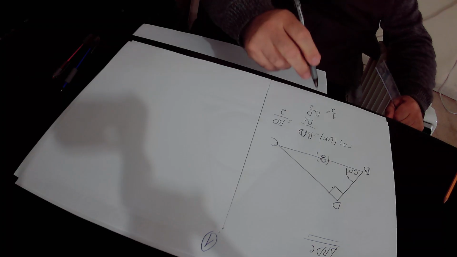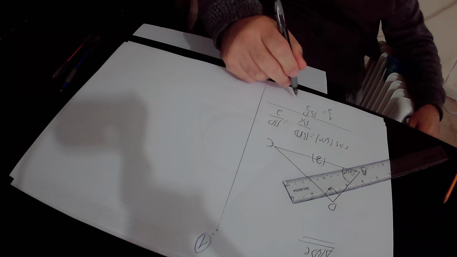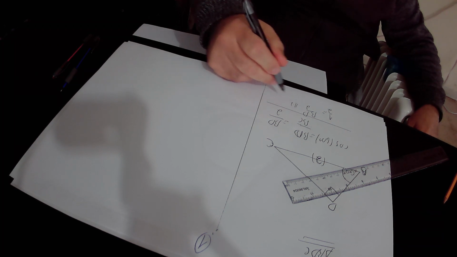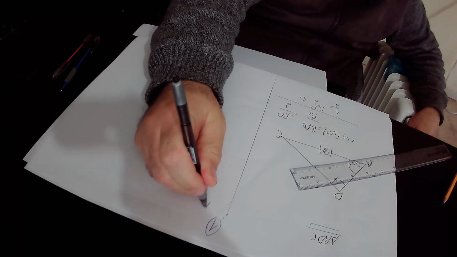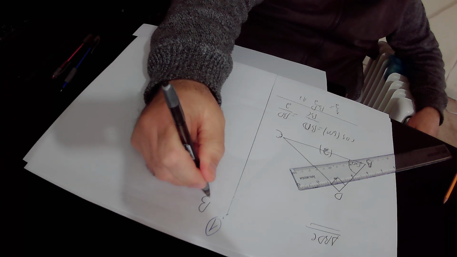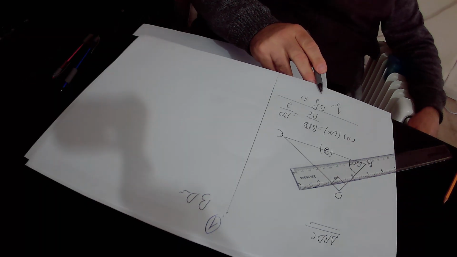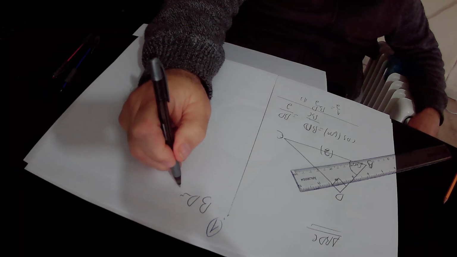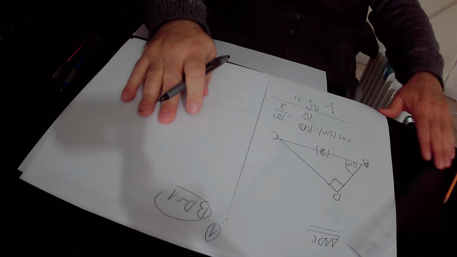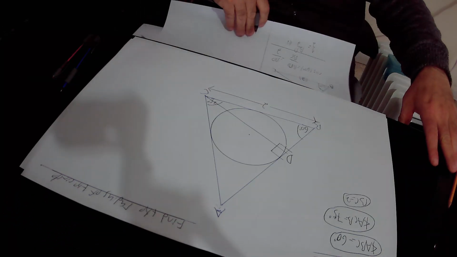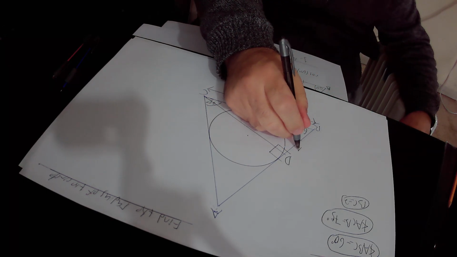Here we multiply this equation by 2, so we get that BD equals 1 unit in its length. This is line segment BD that equals 1 unit in its length.